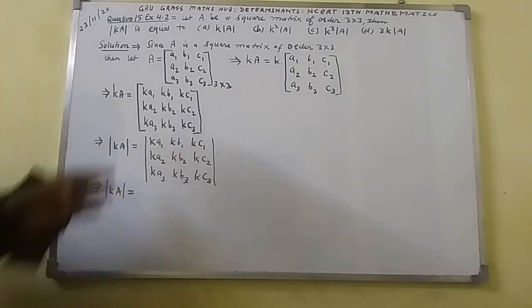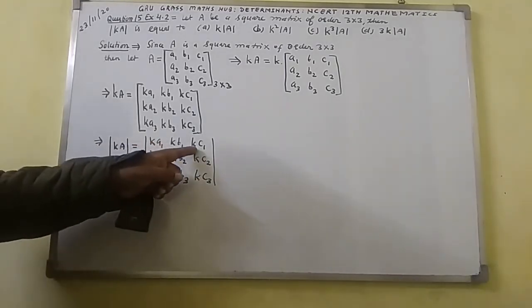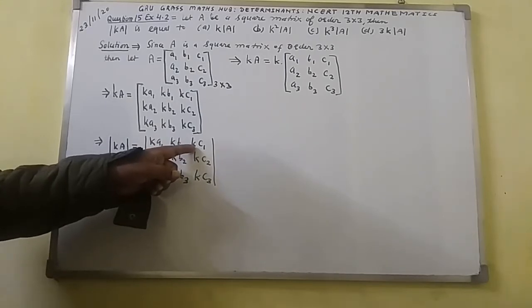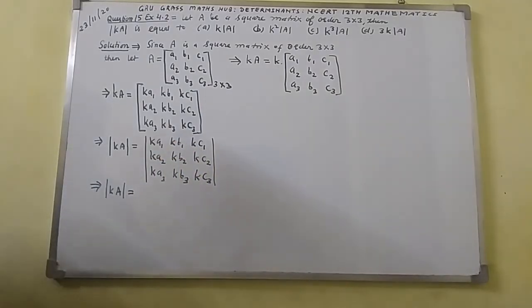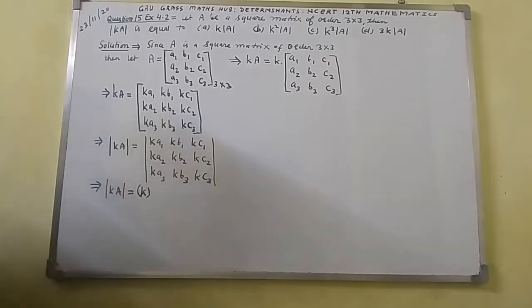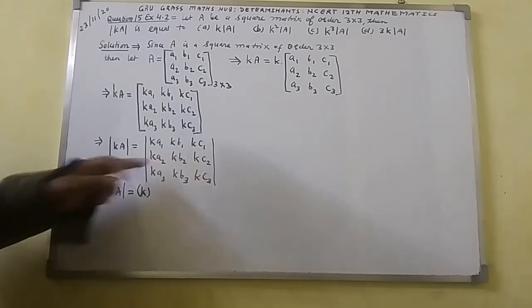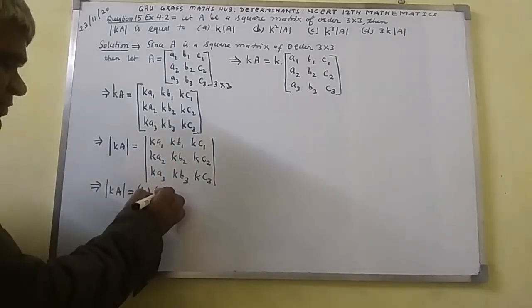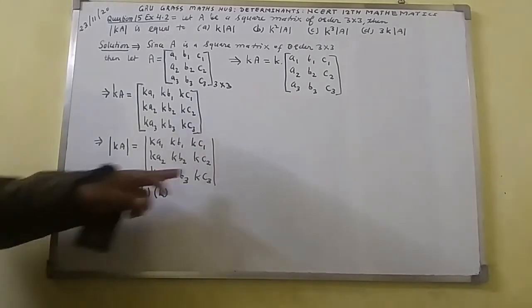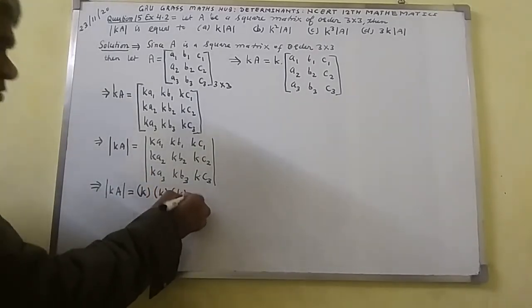From the first row we shall take k as a common factor. From the second row, take k as a common factor, and from the third row, take k as a common factor.